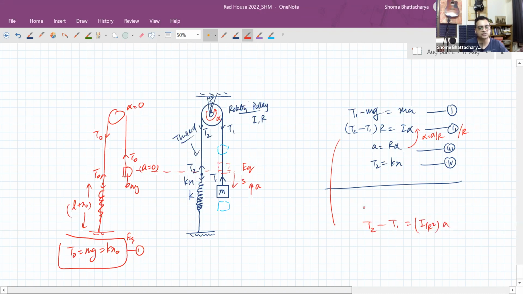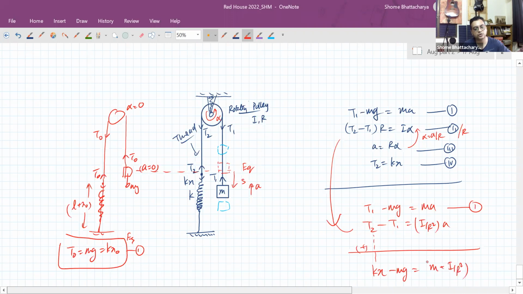Then you compare it with the first equation, T1 minus mg is equal to ma. And you add the two, and T2 is of course equal to kx. So kx minus mg becomes equal to (m plus I by R square) into a.